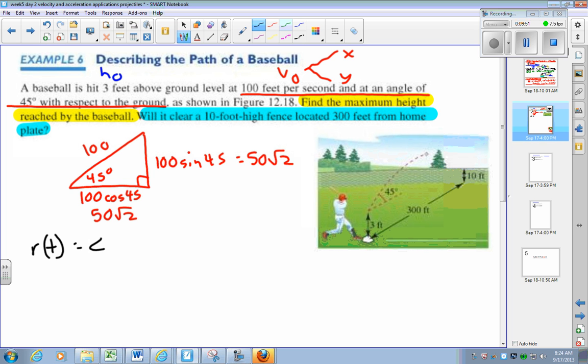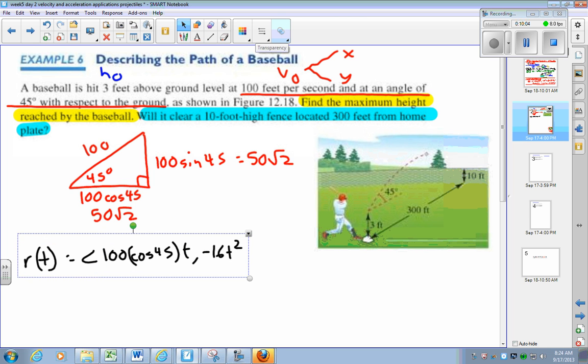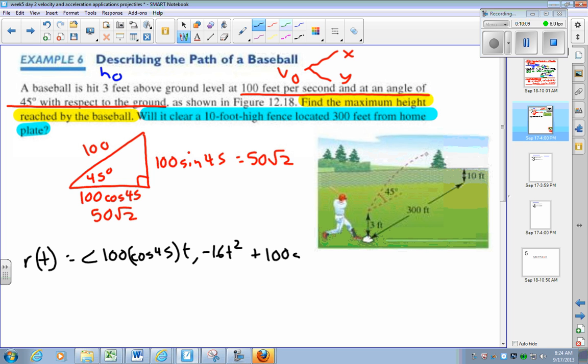Okay, so it would be 100 cosine 45 t, and then negative 16t squared plus 100 sine 45 t, plus that initial height of 3 feet. Okay?